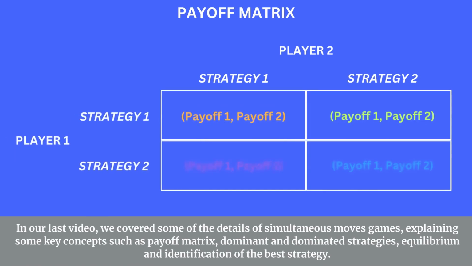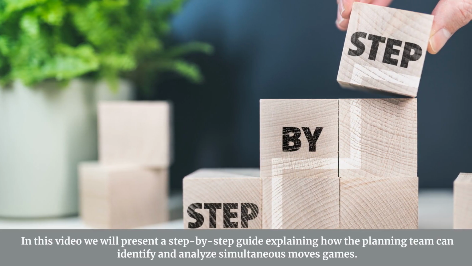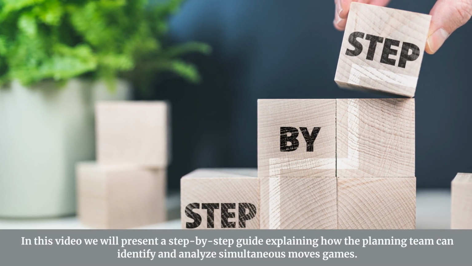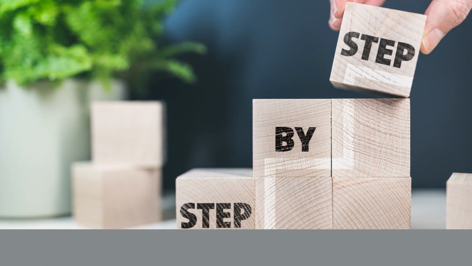In our last video, we covered some of the details of simultaneous moves games, explaining some key concepts such as payoff matrix, dominant and dominated strategies, equilibrium, and identification of the best strategy. In this video, we will present a step-by-step guide explaining how the planning team can identify and analyze simultaneous moves games.